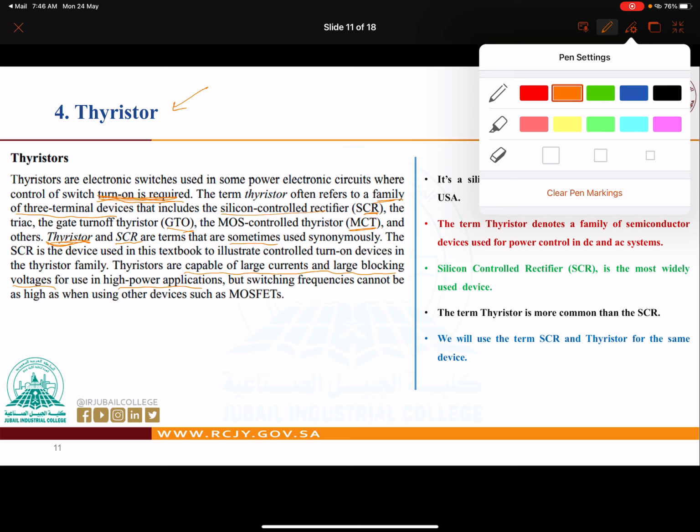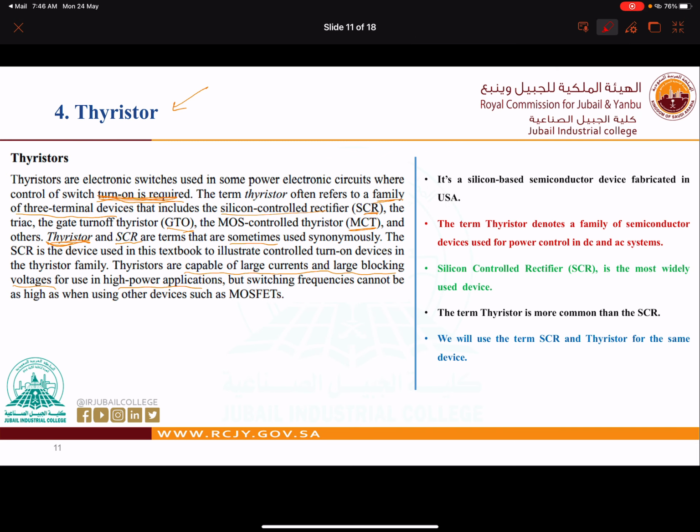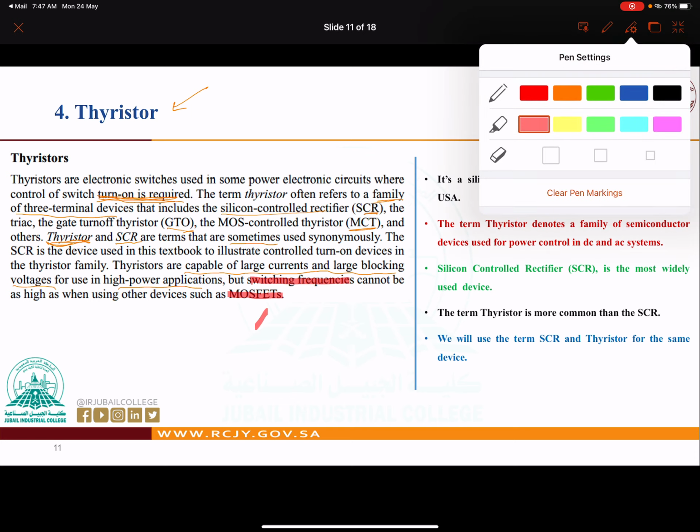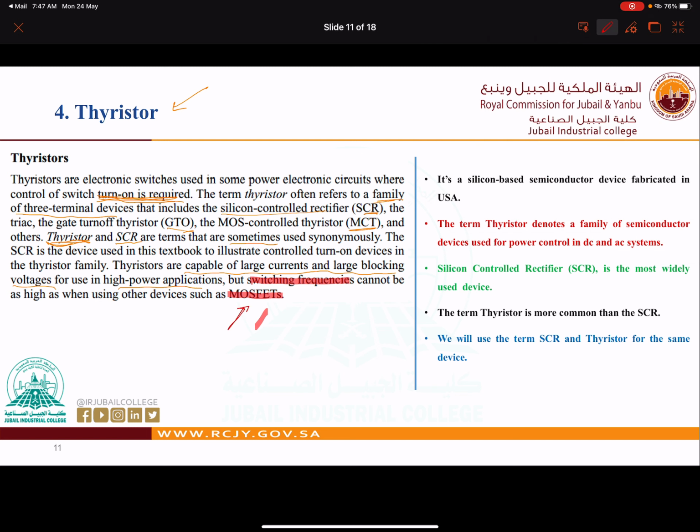Let me highlight this, it is very important: switching frequencies cannot be as high as when you are using other devices like a MOSFET. MOSFET is very good in switching frequencies. When I say switching frequency, it is the number of times of switching on and off.